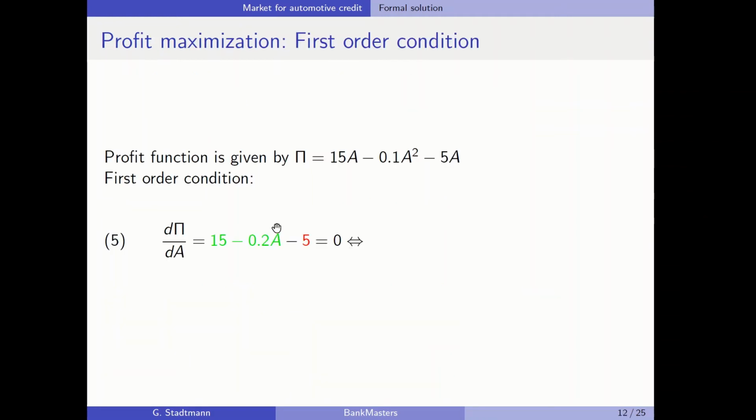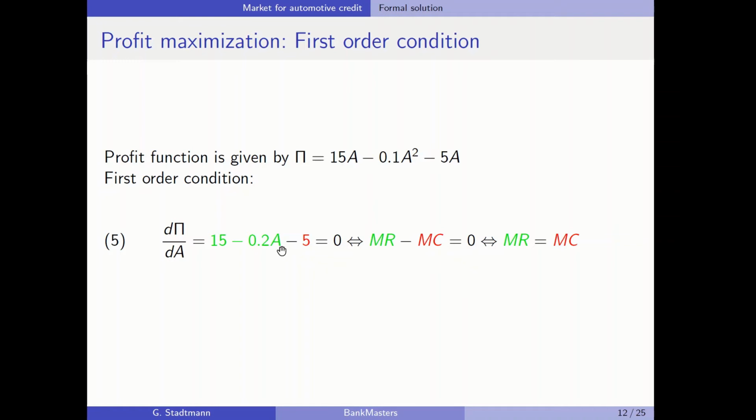So the profit function is given by this relationship, and then we can compute the first derivative. The first order condition is that the first derivative has to be set equal to 0, so we have to differentiate the profit function with respect to A. We get 15 minus 0.2A minus 5, and this has to be equal to 0.